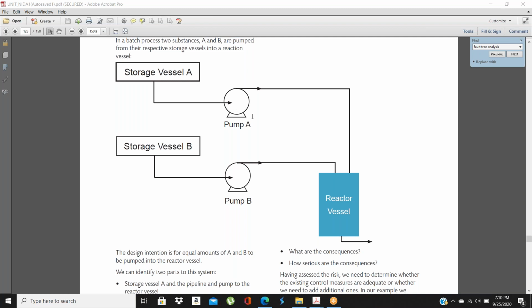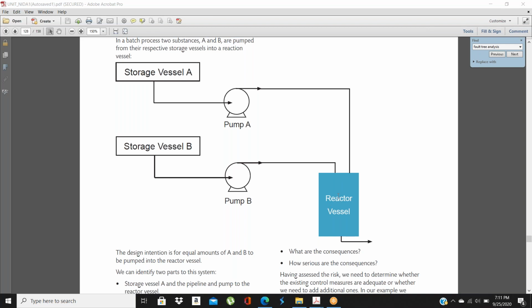Now let's consider temperature. Suppose we have one system and a reaction is occurring here, and the reaction is exothermic, meaning it gives off heat.